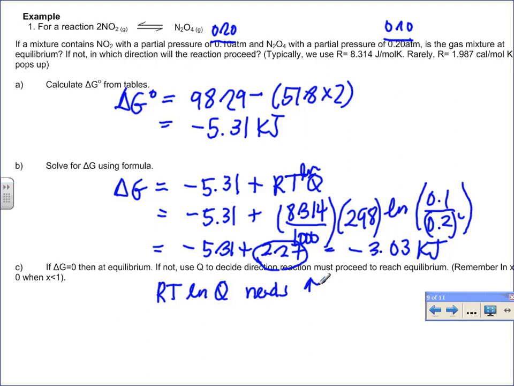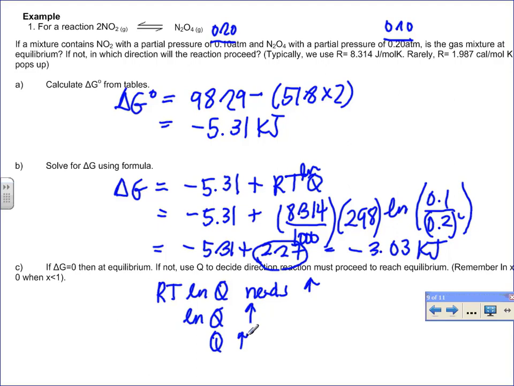For the RT ln Q to increase, R and T are constants, so we need ln Q to increase. Okay, so what that means is that we need Q to increase.